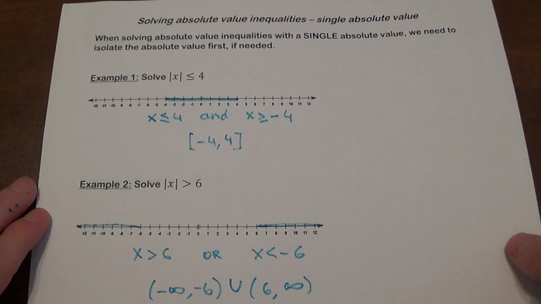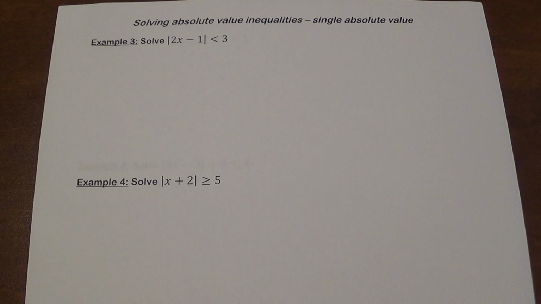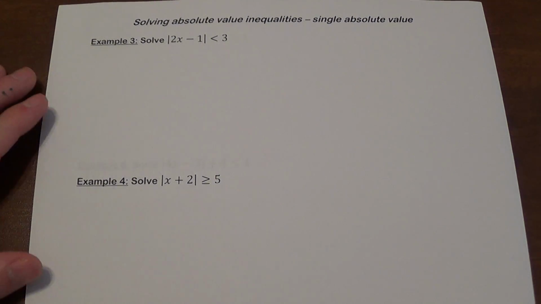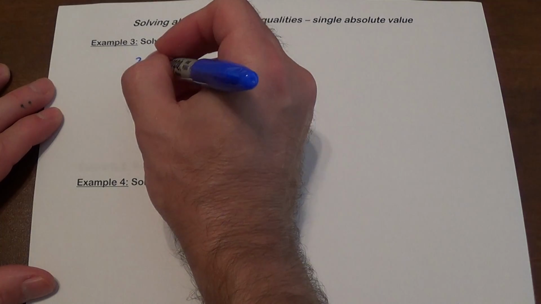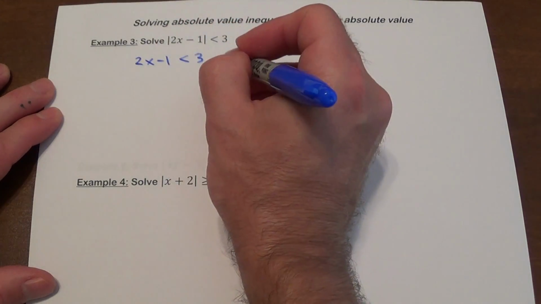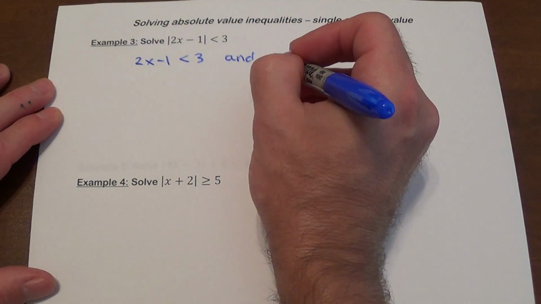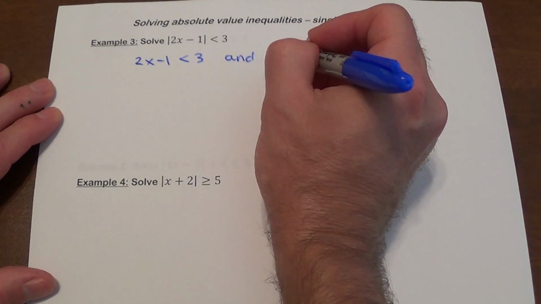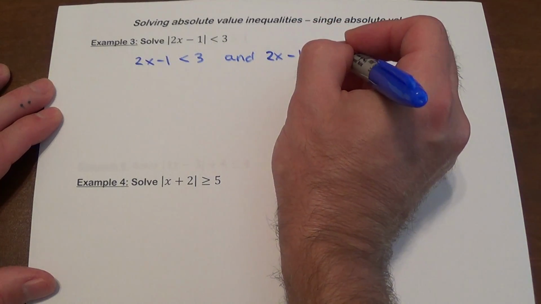Now let's take a look at some more examples. Solve this inequality. First of all, the sign points towards the absolute value sign, so it's going to be and. So we're going to have 2x minus 1 less than 3 and 2x minus 1 is greater than, and you do the opposite, -3.